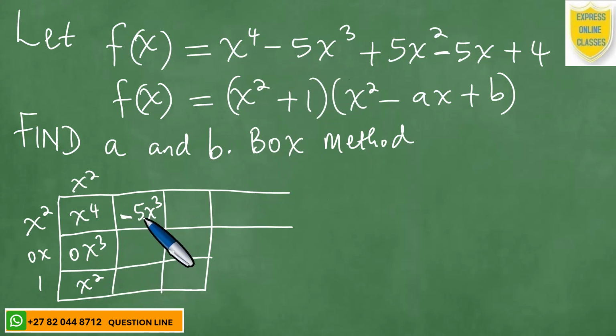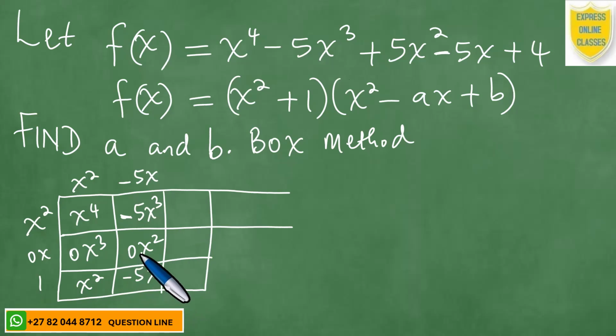We divide minus 5x cubed by x squared, we get minus 5x. Multiplying these, we get minus 5x cubed. 0x times minus 5x gives 0x squared. 1 times minus 5x gives minus 5x.